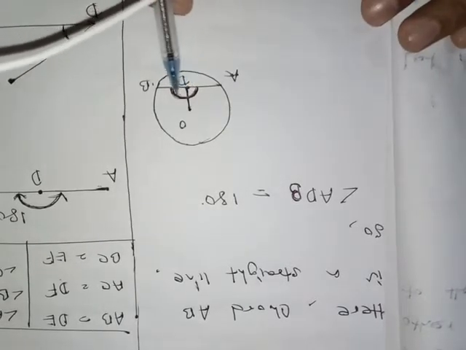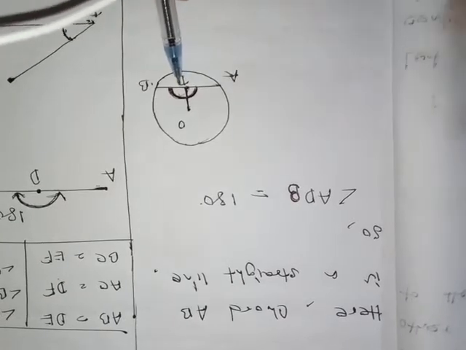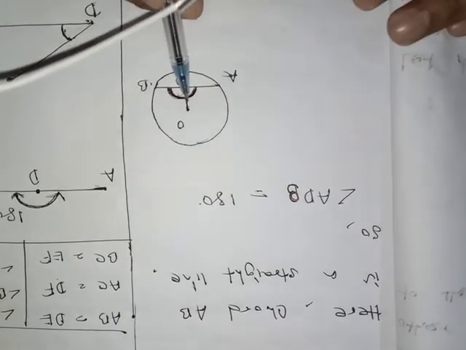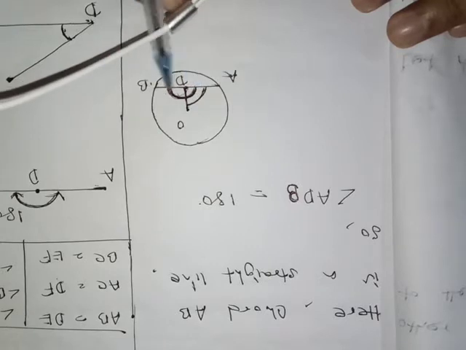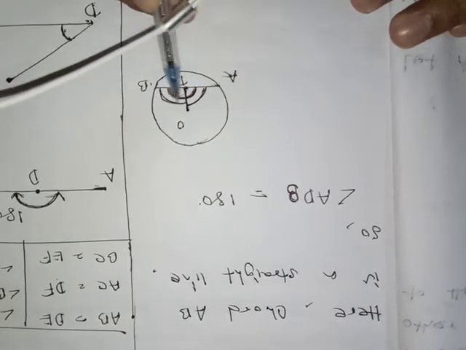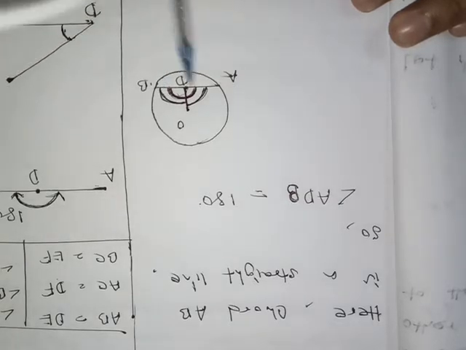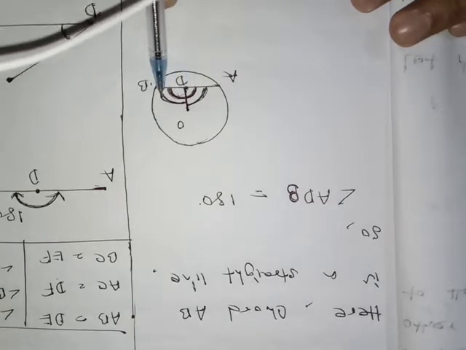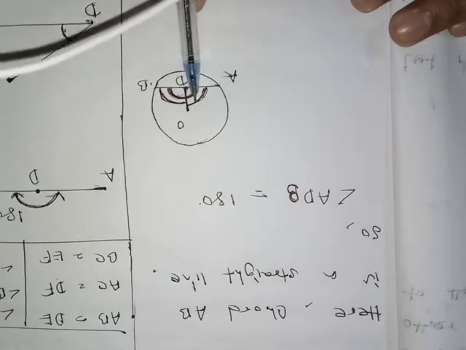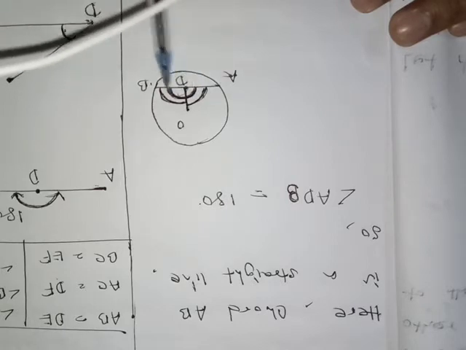One is this and another is this. If we add these two angles, we have the total angle.